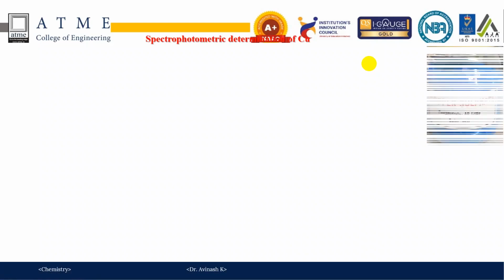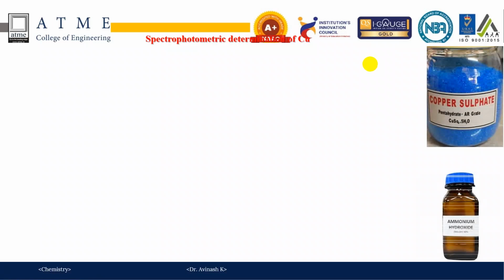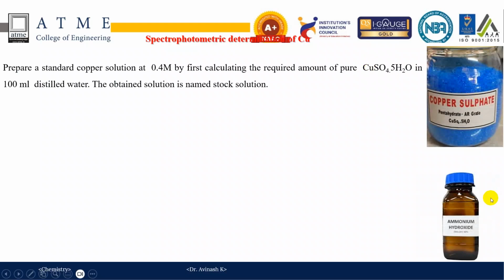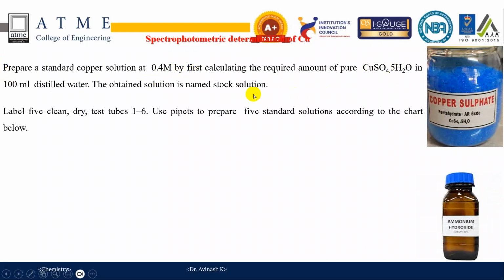Coming to the determination, the following chemicals are required: copper sulfate and ammonium hydroxide. Initially we have to prepare a standard solution of around 0.4 molar copper sulfate in 100 ml of distilled water. Then we have to take 6 standard flasks.